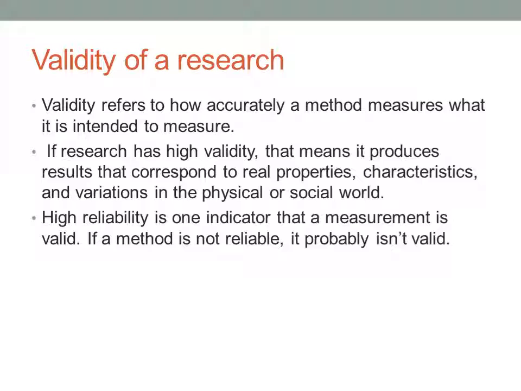If the research has high validity, it should produce results that correspond to real properties, characteristics, and variables in the physical or social world. If you can interpret the results accurately, you can have high validity. High reliability is one indication that a measurement is valid.